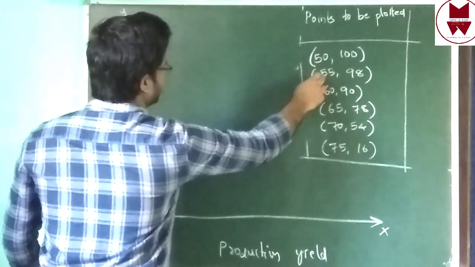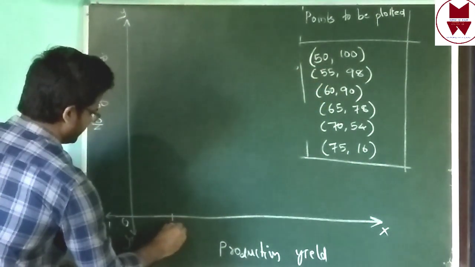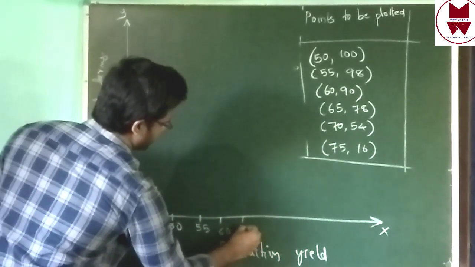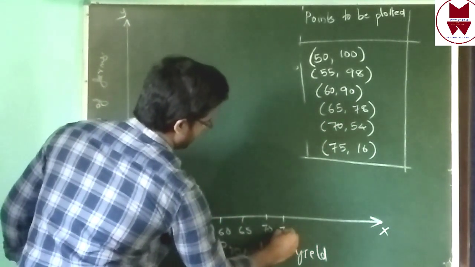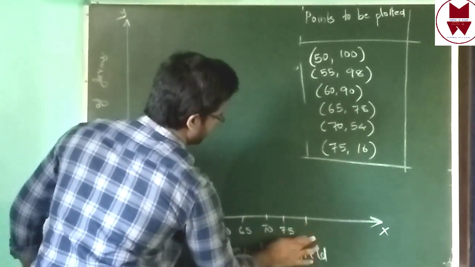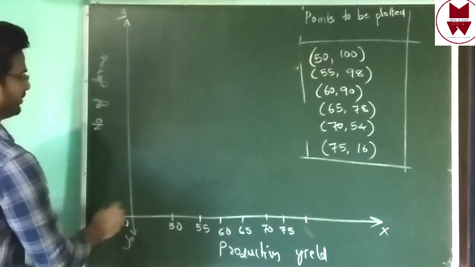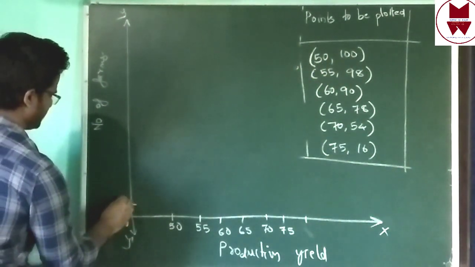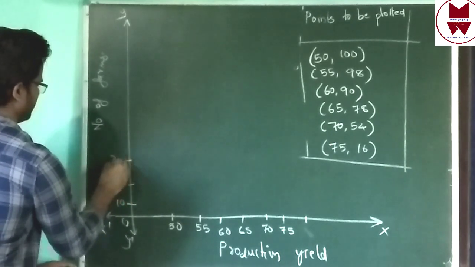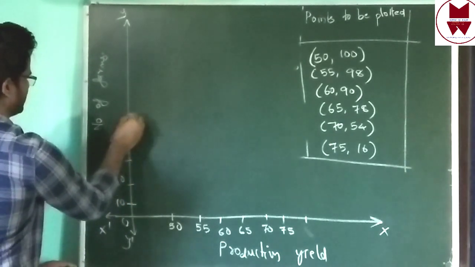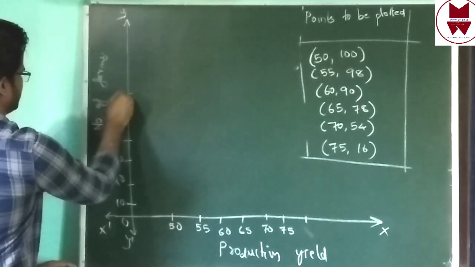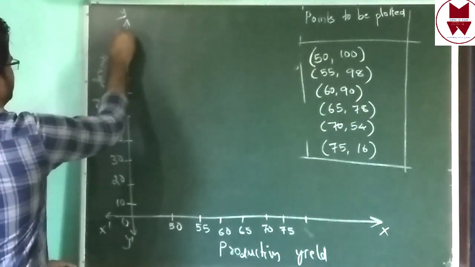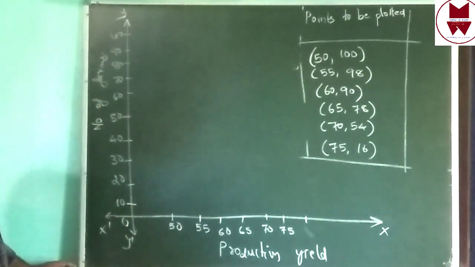On the x-axis: 50, 55, 60, 65, 70, 75, up to 75. On the y-axis, up to 100. For the second axis, we can use 10, 20, 30, 40, 50, 60, 70, 80, 90, 100.